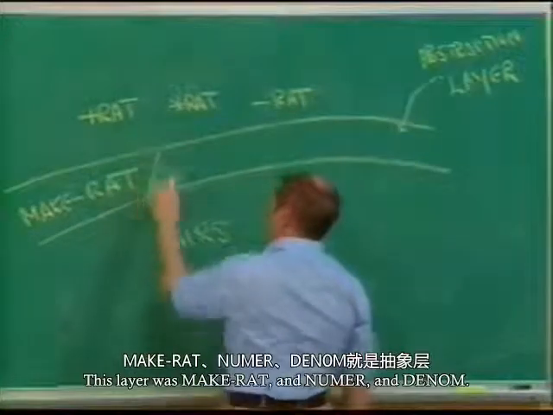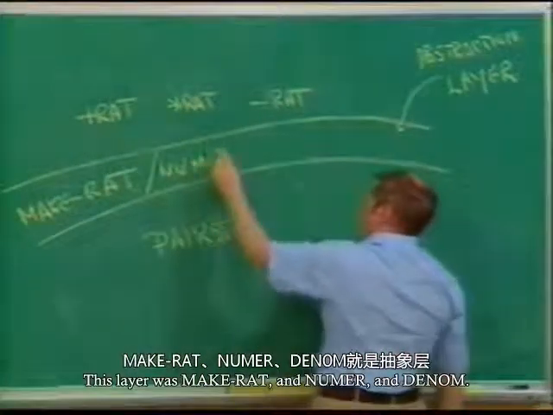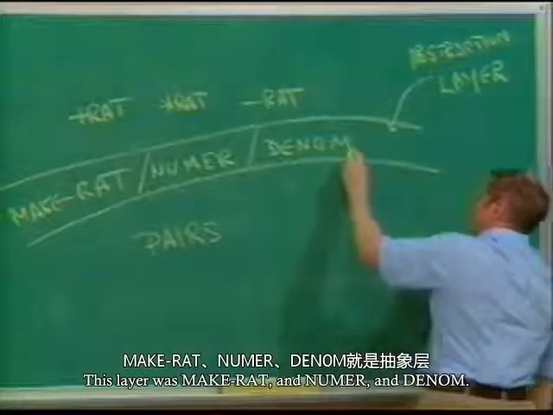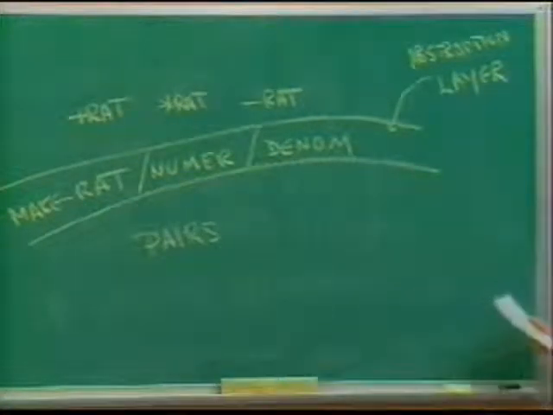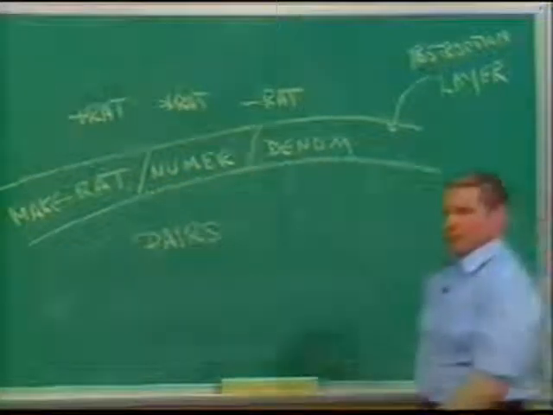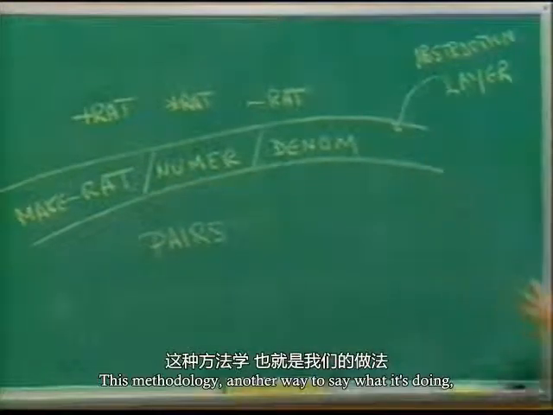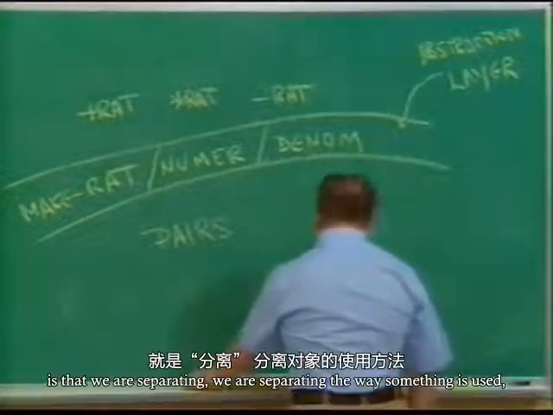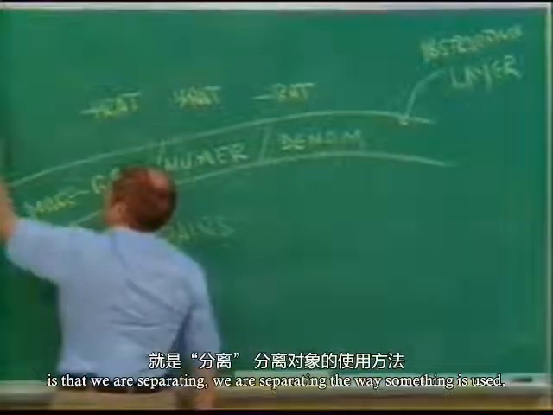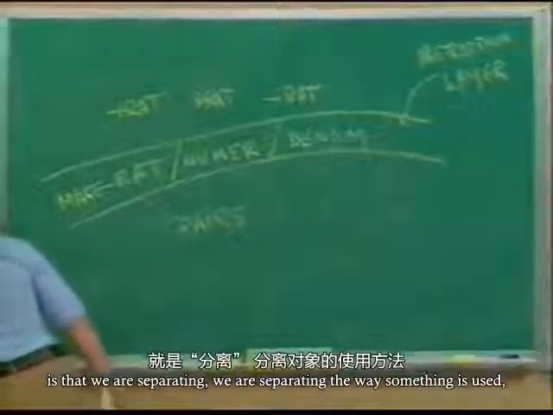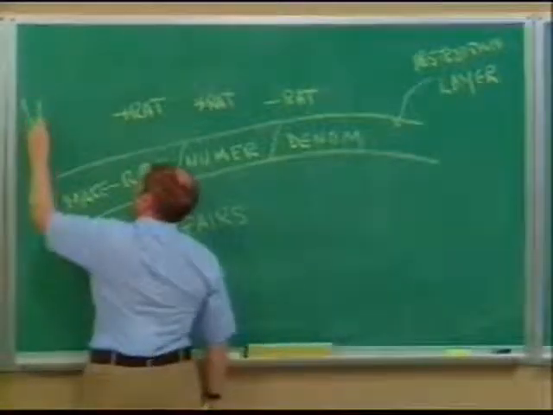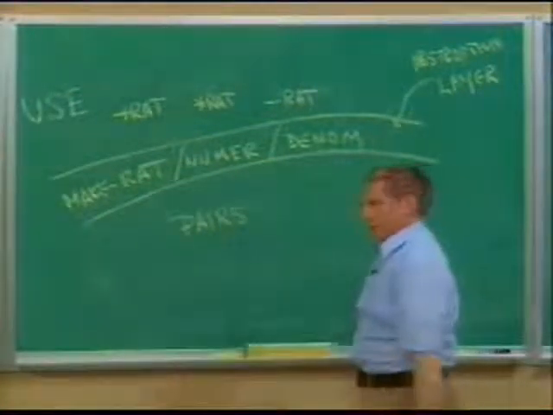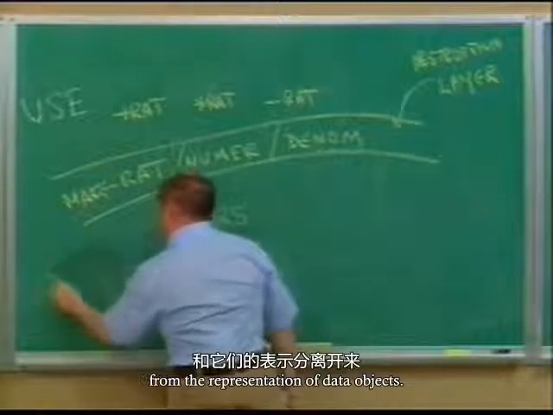This layer was make-rat and numer and denom. This methodology, another way to say what it's doing, is that we are separating the use of data objects from the representation of data objects.